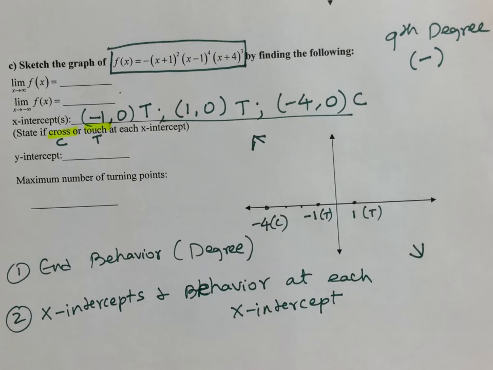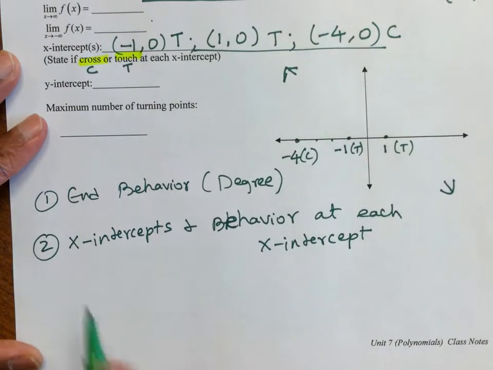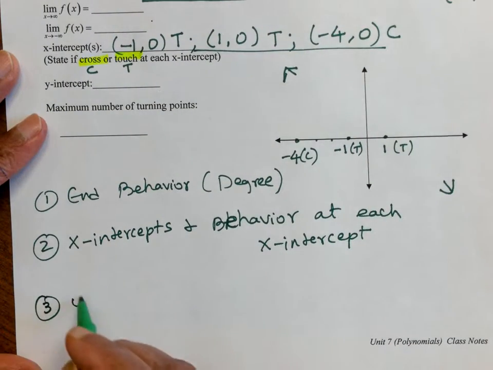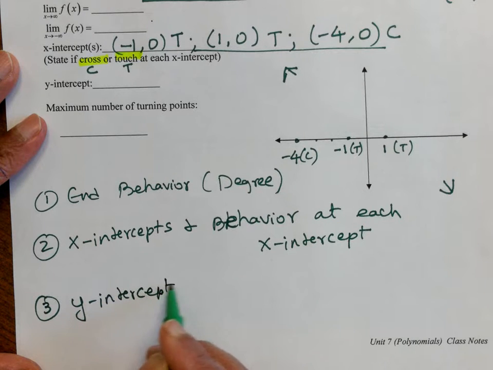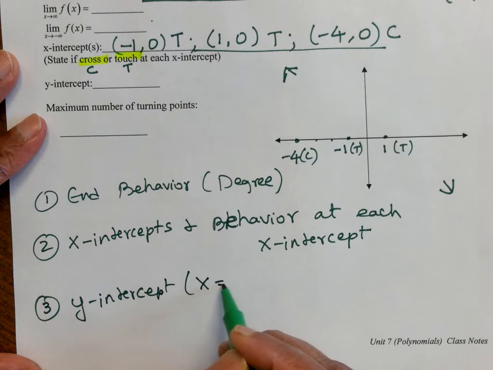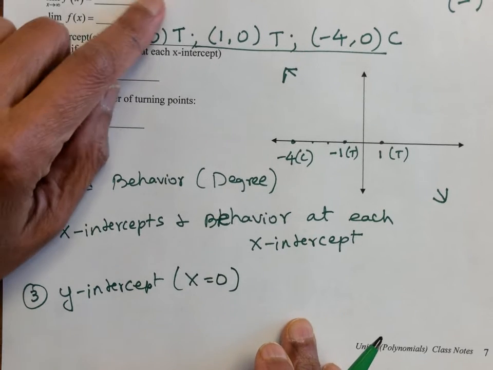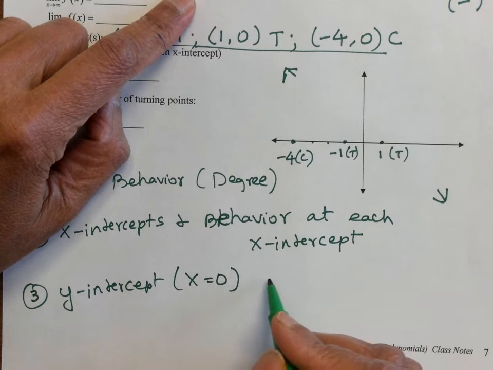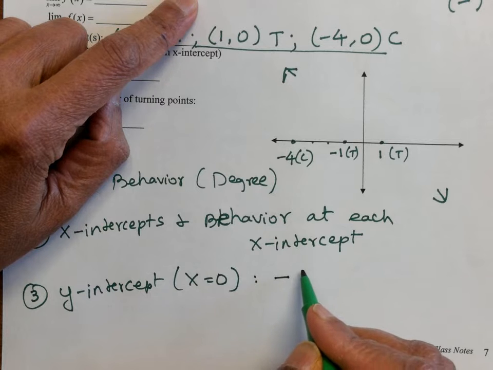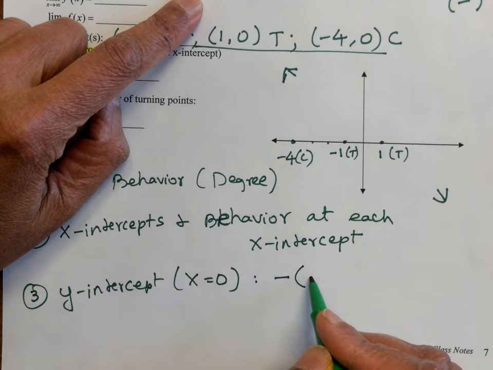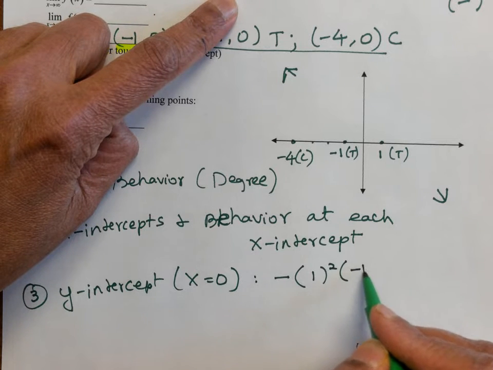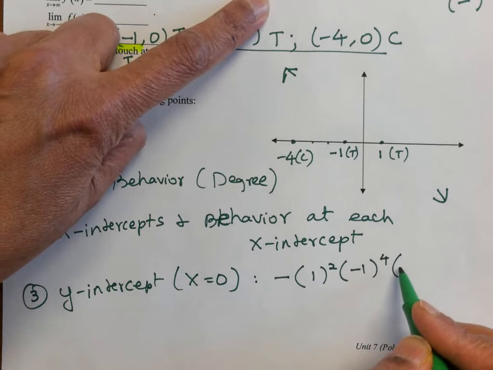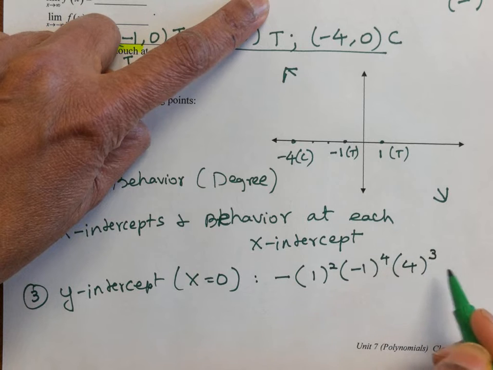Not only do I need to know my x-intercepts and behavior, the last thing I need to know before I start graphing is the y-intercept. How do you find the y-intercept? You set x to be 0. So you look at your equation. There is a negative in the front. 0 plus 1 is 1 squared. There's no x, right? You set x to be 0. Negative 1 to the 4th power. 0 plus 4 is 4 cubed.